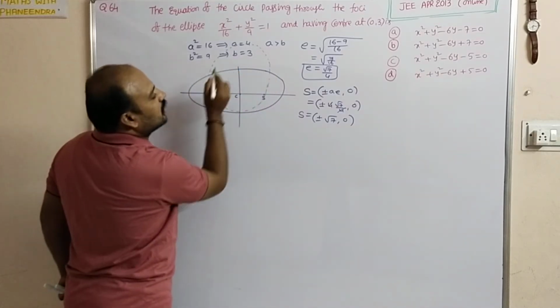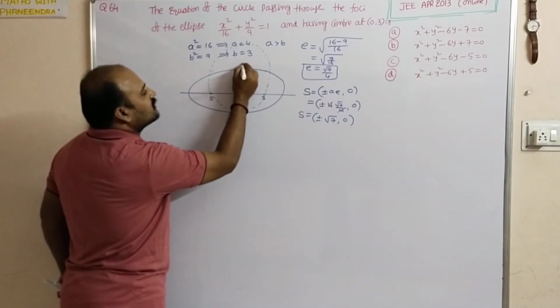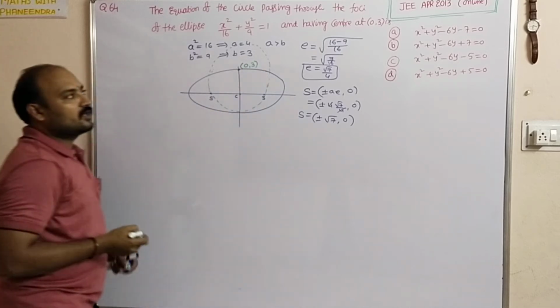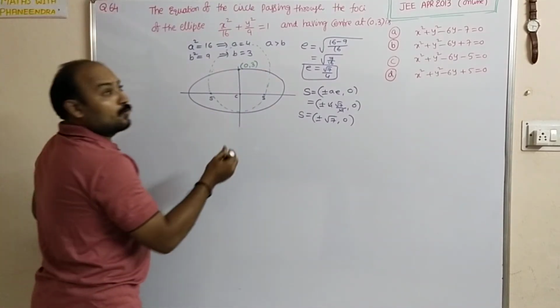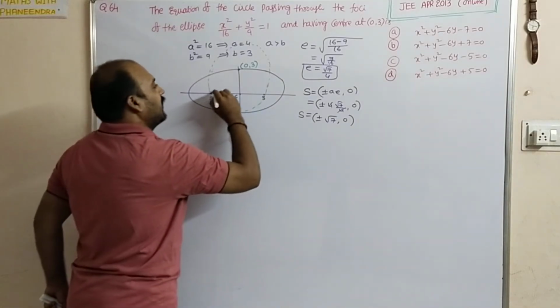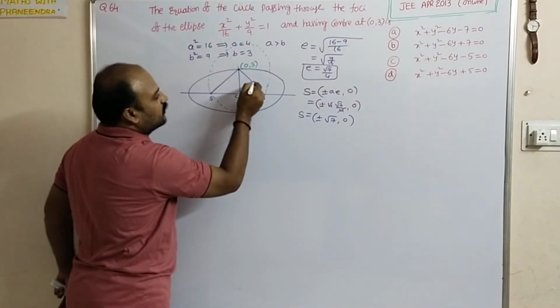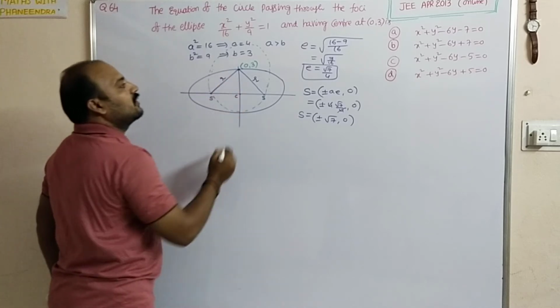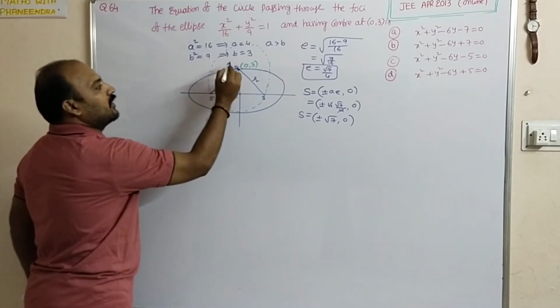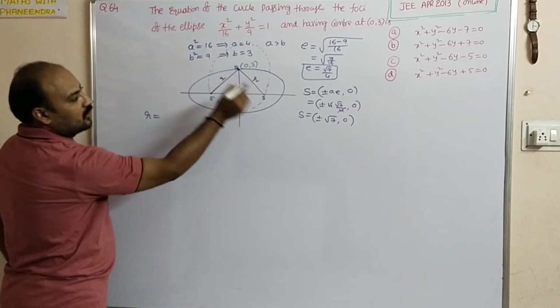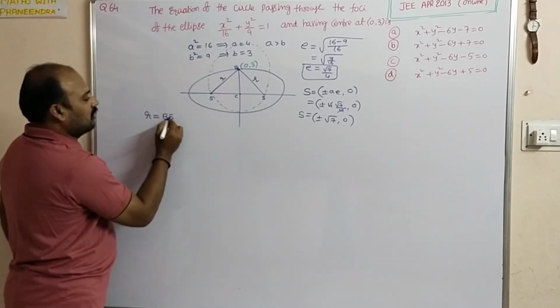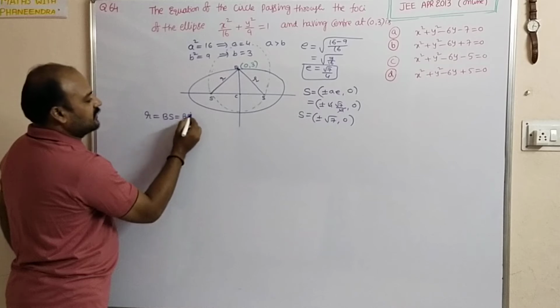Whose center is at (0, 3). (0, 3) is at this place only, no? Center is at (0, 3), passing through S and S dash. So obviously either this one or this one is the radius. So it is B point. So radius is equal to BS or BS dash.